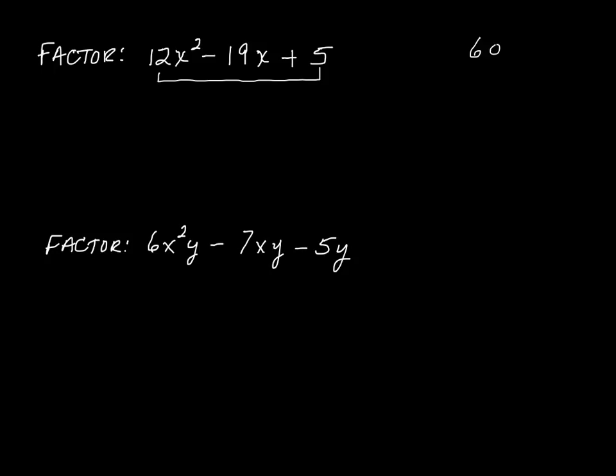Think about it. It has to multiply to positive, so both numbers are either positive or both are negative. But they have to add to a negative 19, so they have to both be negative. So you might take a minute. I know what it is, but you might have to say, well, it can't be negative 60 and negative 1 because that won't add to negative 19, right?